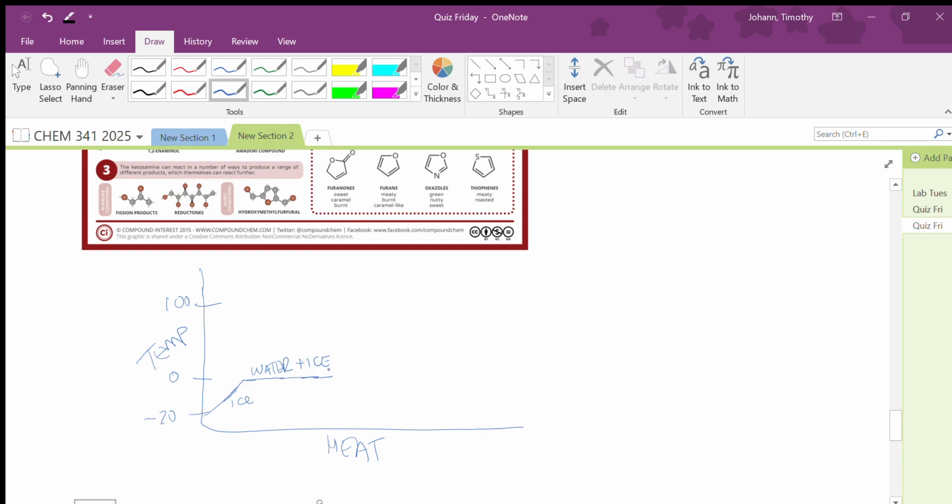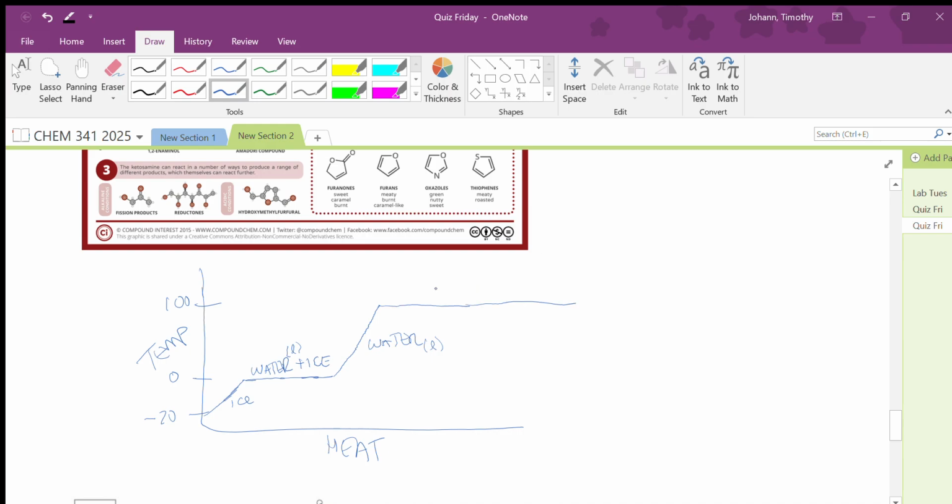And then, eventually it all becomes liquid water, and then what happens? Doesn't evaporate yet. What happens on our heating curve? The temperature can start going up again. And the temperature goes up, and so now it's all water. I'll just put a little liquid here and a little liquid here. And then at 100 degrees, what happens? It goes out this way.